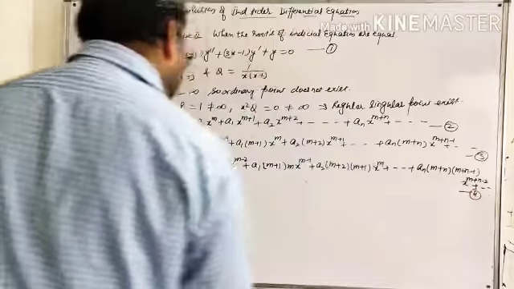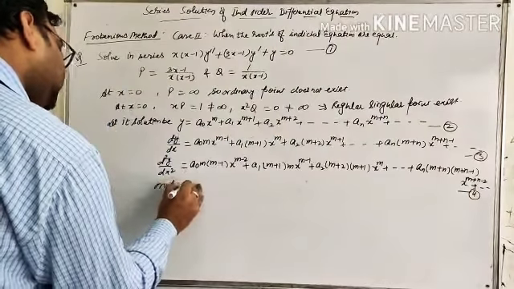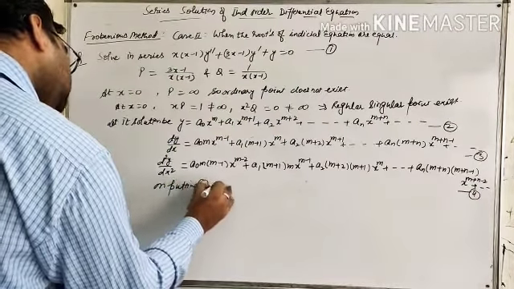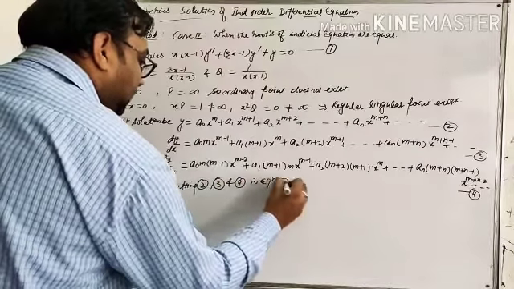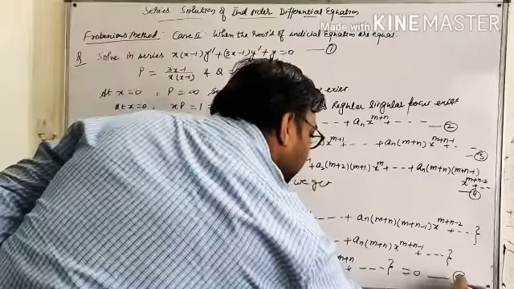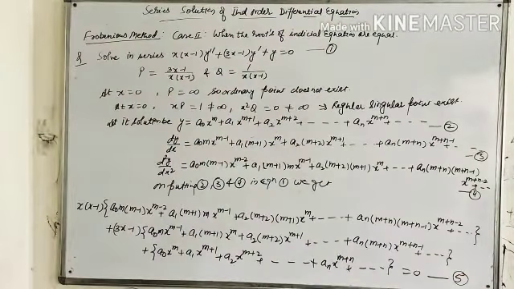Let it be equation number 4. So on putting 2, 3 and 4 in equation number 1 we get equation number 5.